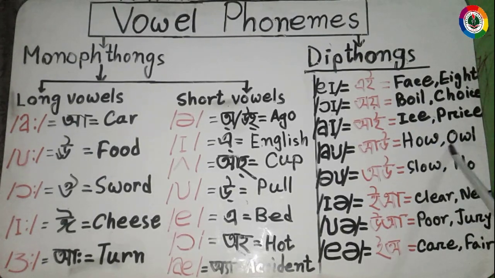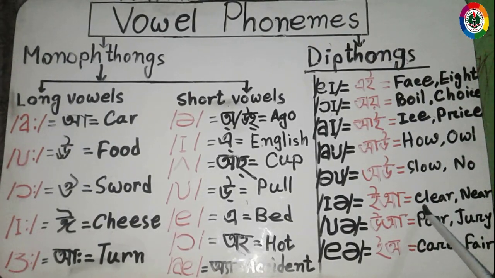We can see how these 2 O's here are at first altered like A, then O, how. Then move to this side, O and O, like slow, no. Then this sign would be altered like ear, like clear, near.